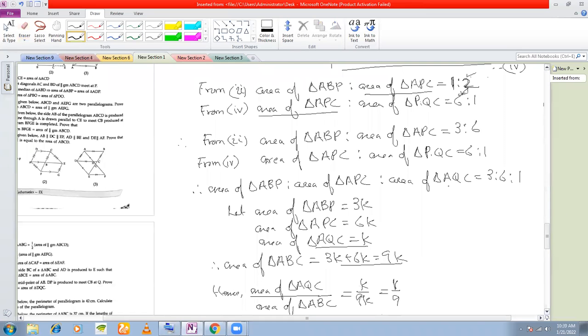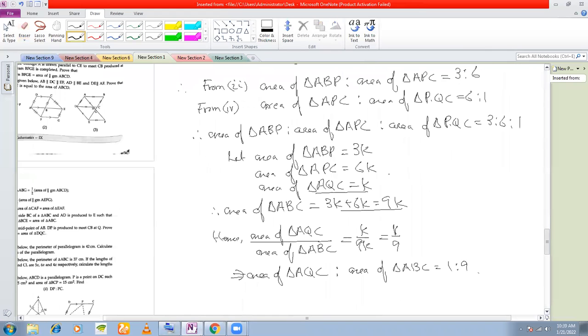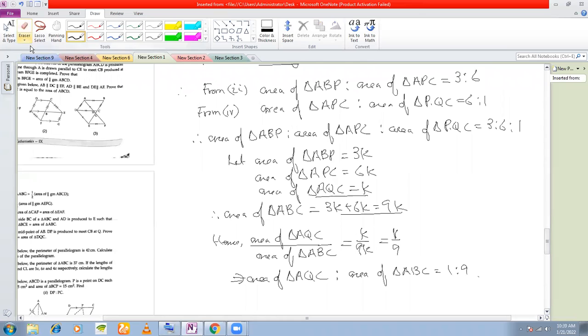So we have got the ratio as area of ABP is to APC is to PQC. So I'm writing these areas in terms of K. ABP is 3K, right? APC is 6K and PQC must be equal to K, right? So now let's see what are the areas.